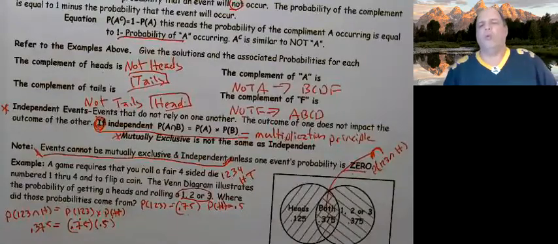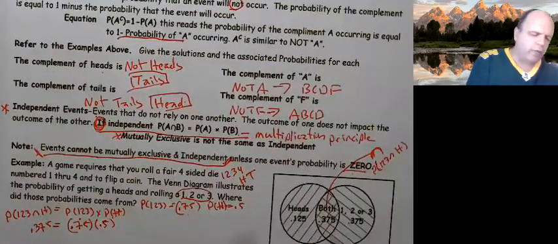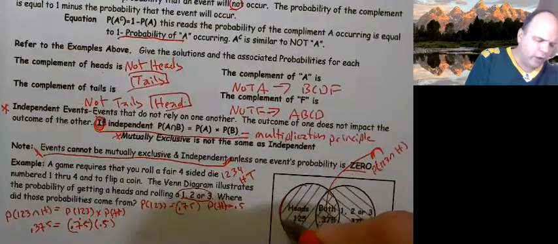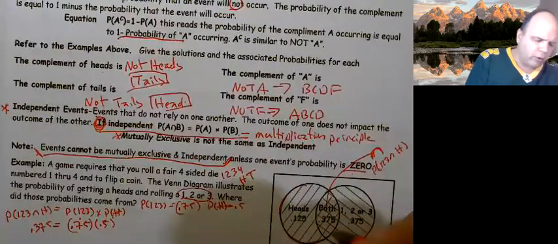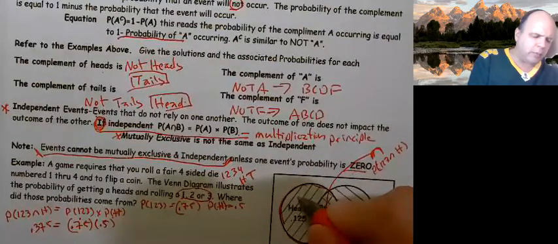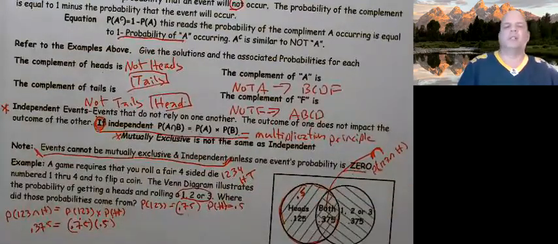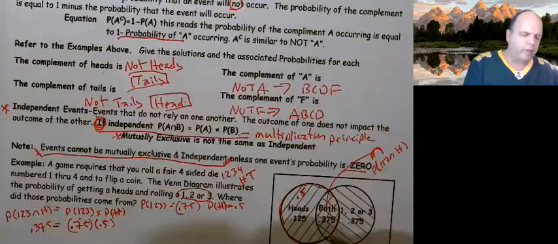Okay, so we know the intersection part, so let's deal with heads, because the heads is easy. This is the heads circle, all right? Well, we said heads had to add up to 0.5. But this whole circle, everything in the circle has to add up to 0.5.